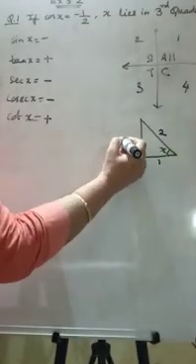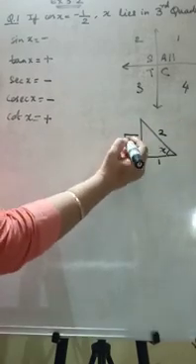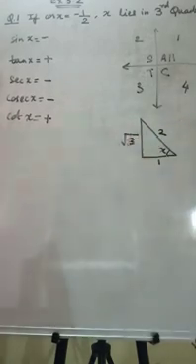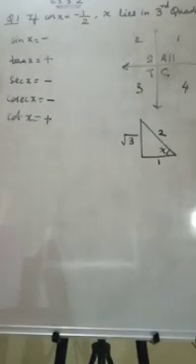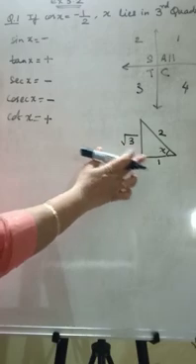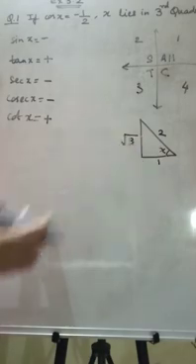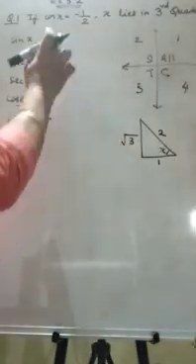This is the root of this square minus this. So 4 minus 1, so 3. Correct? Vice versa, if you do, the square of this is 3, and this is 1, so 3 plus 1 is 4, and root 4 is 2. So from this triangle I can find the values.